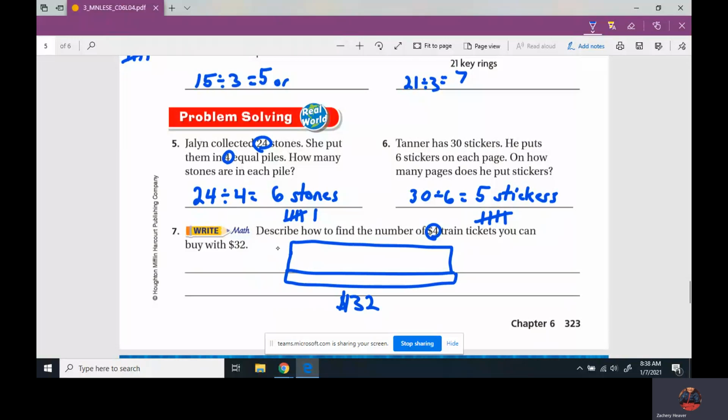And I want to see how many $4 train tickets I can buy. So 4, 8, 12, 16, 20, 24, 28, 32. Let's separate them. There's 1, 2, 3, 4, 5, 6, 7, 8. You can buy 8 train tickets.